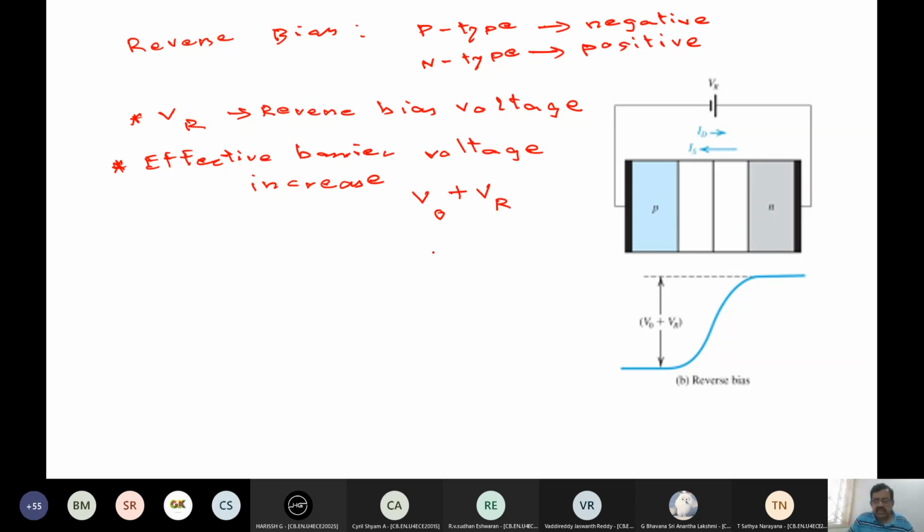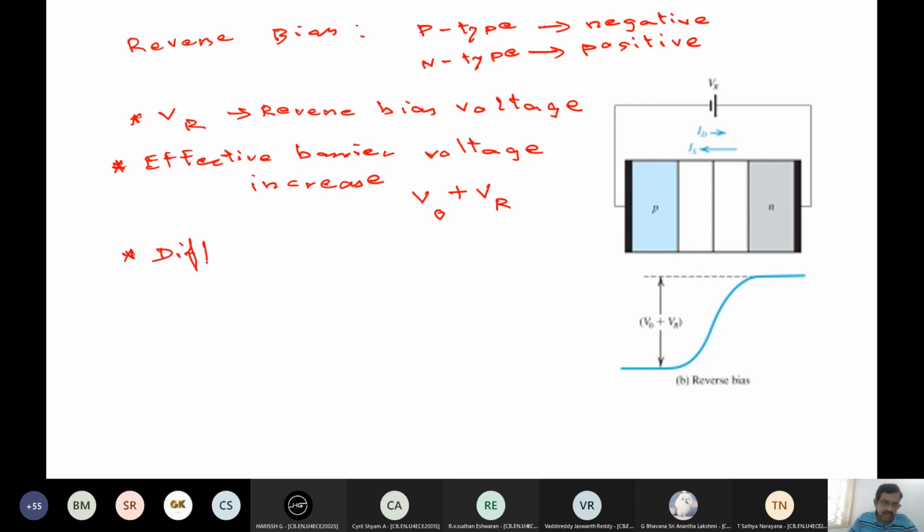So barrier has increased. That is why you see this reverse bias. Earlier it was like this. Now it has acquired this additional voltage that is coming from the source, but it is connected in reverse bias. So therefore the effective barrier increases. Diffusion mechanism is therefore greatly hindered.